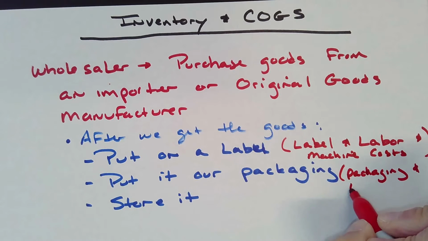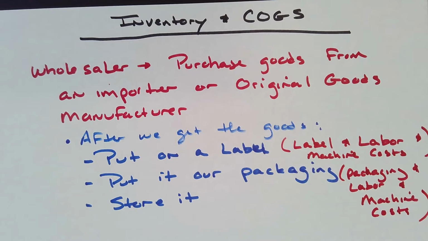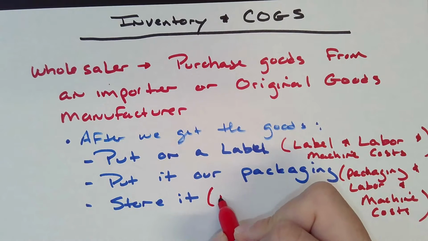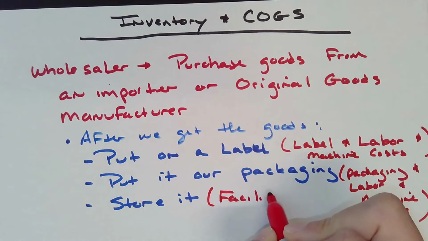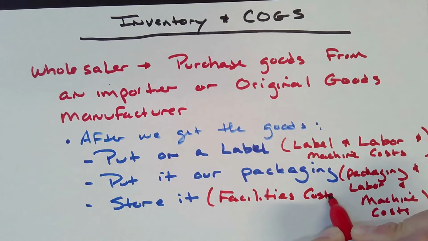Probably have some labor. And also some machine costs. Right? Store it. Well, we just have facilities costs.